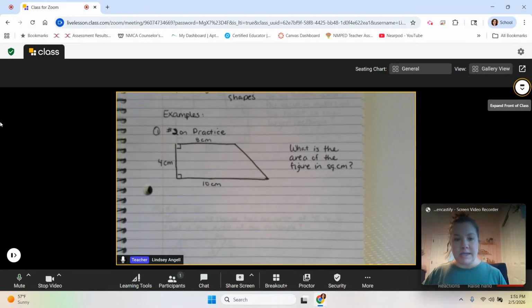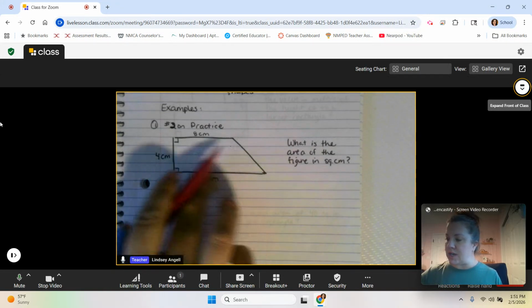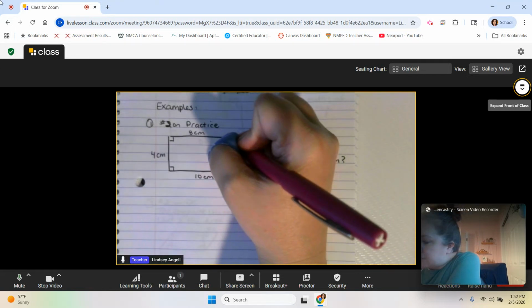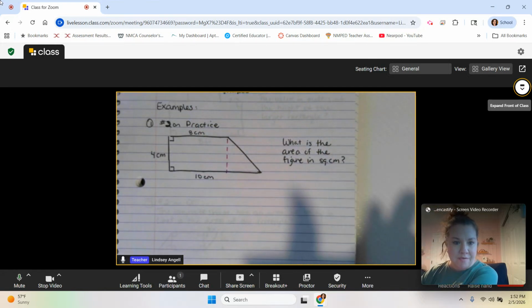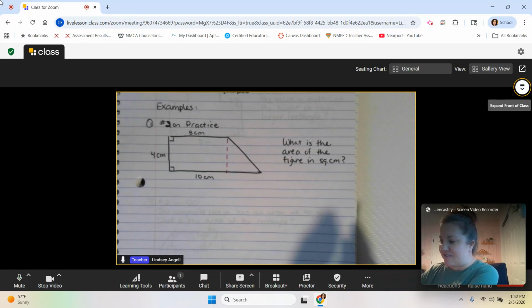This first example is number 2 on your practice. All right, so we're given this shape here, and notice, if I draw a line right here, now I have a rectangle and I have a triangle, okay?